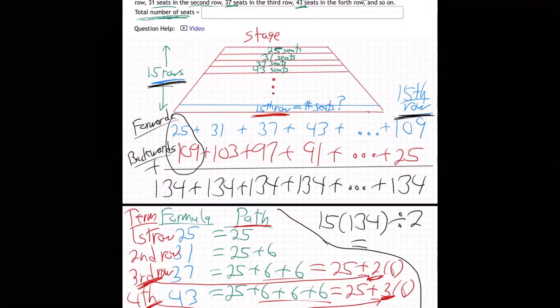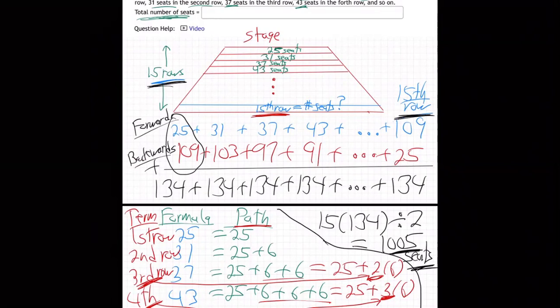Once forwards, once backwards. So use your calculator. I'm getting 1,005 seats. There must be 1,005 seats in that auditorium.